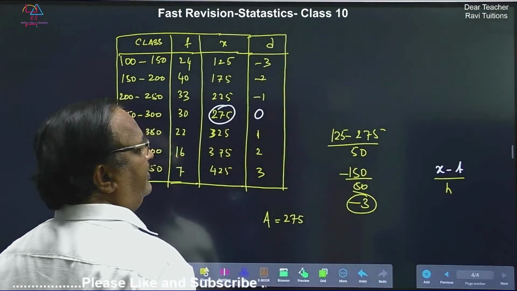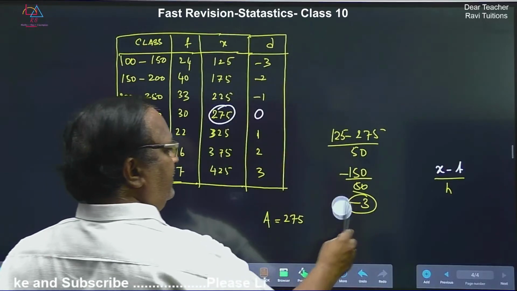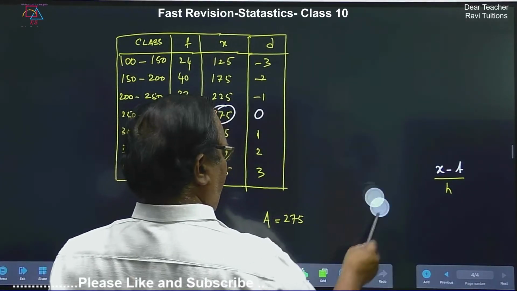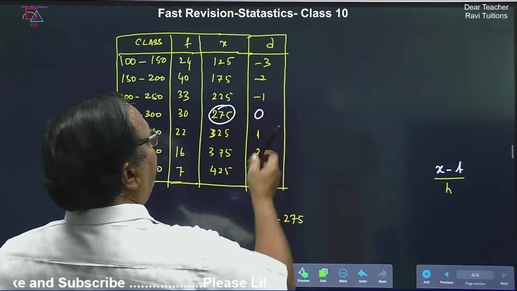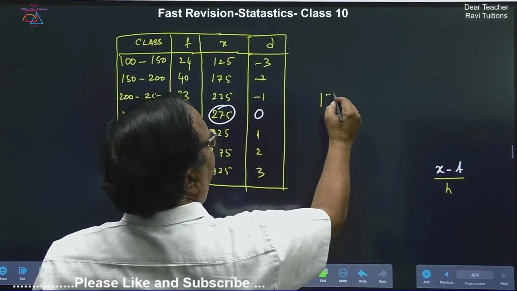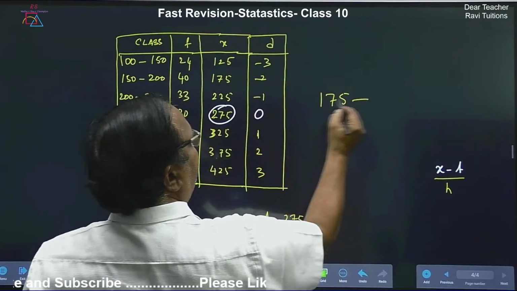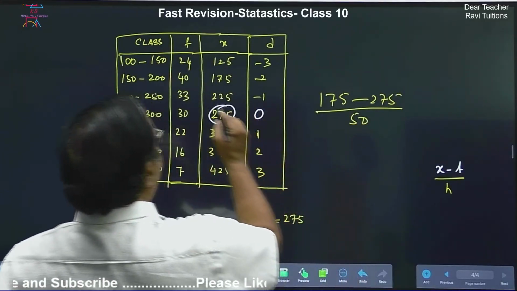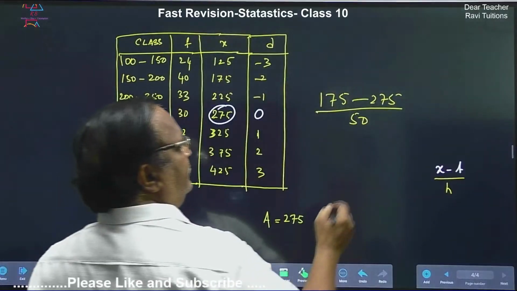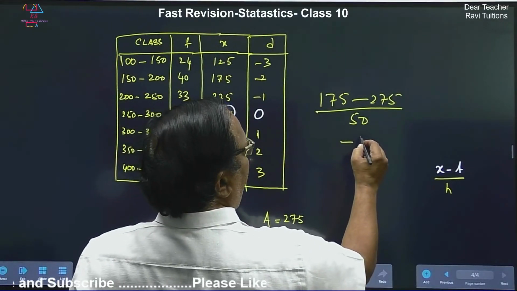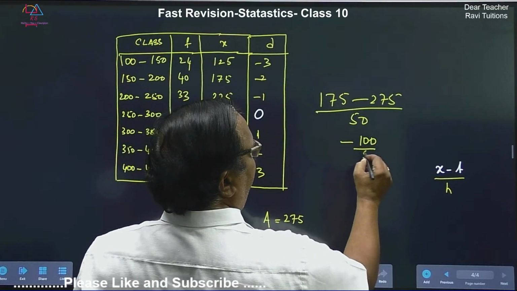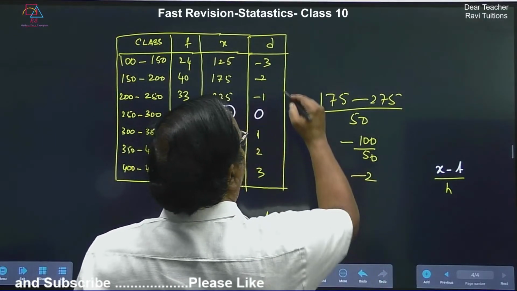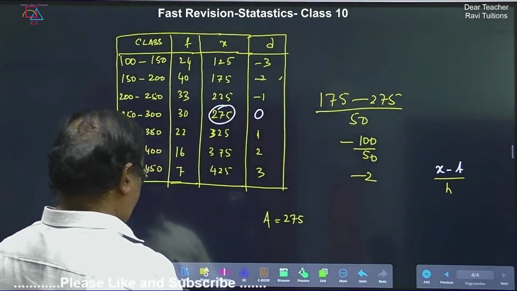You got it. Okay. Now second, how will you get it? 175 minus 275 by 50. 50 is the class interval. So this is how much? Minus 100 by 50, minus 2. Okay.